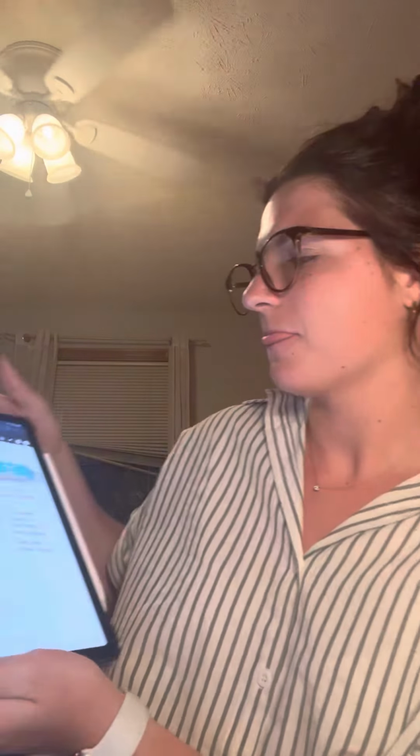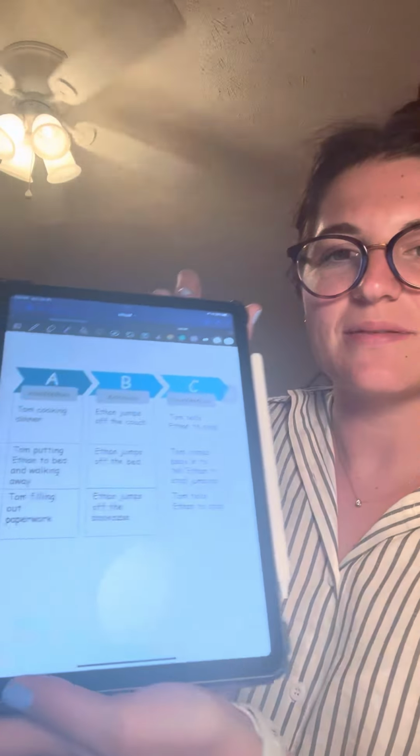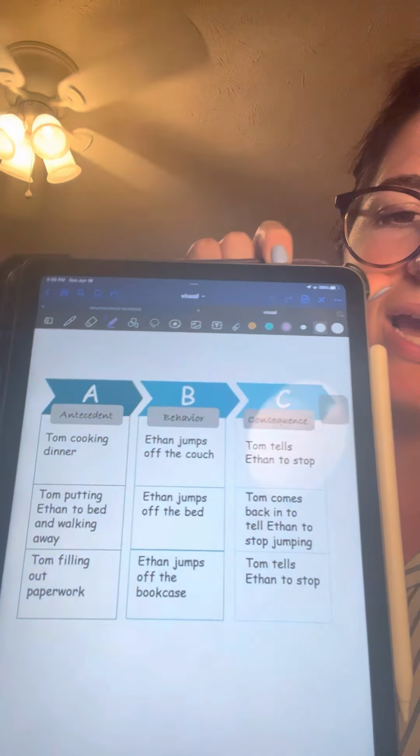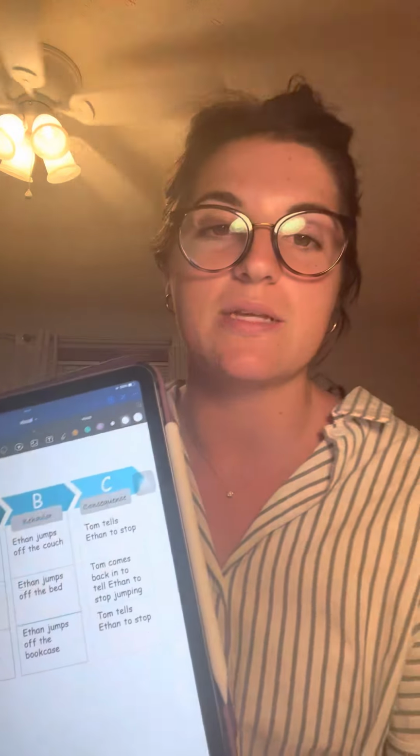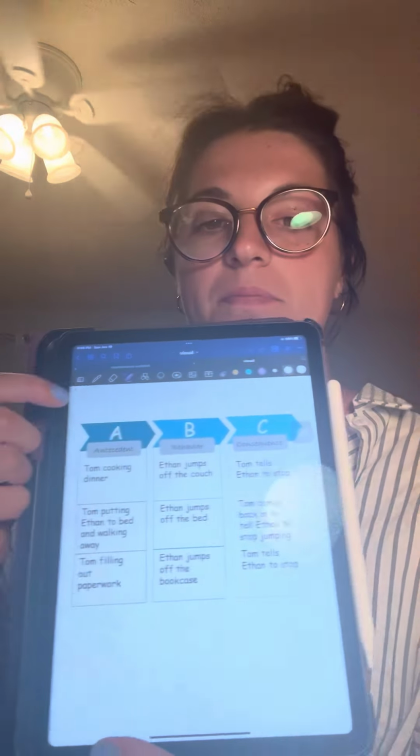Then the BCBA will observe the behavior in various environments and settings, and they'll collect ABC data. And so ABC data, essentially, I have a visual here. This is also in your welcome packets. So we're looking at A, the antecedent, which is what occurs immediately before the behavior.